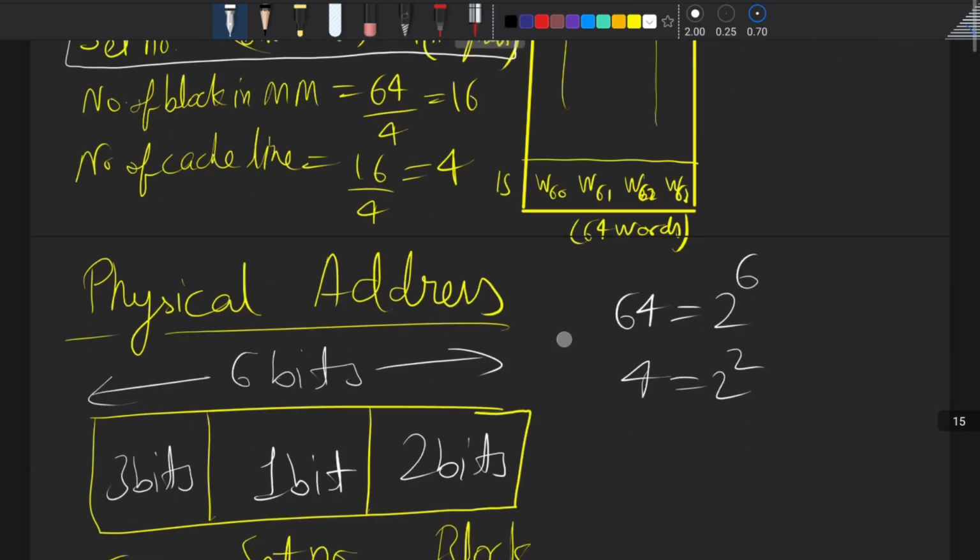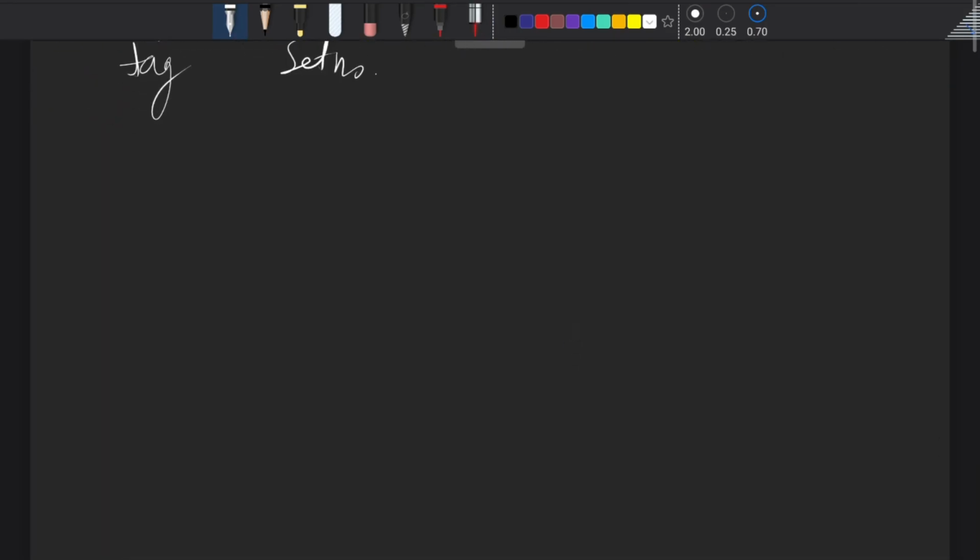So now let's look at the advantages of set associative mapping.